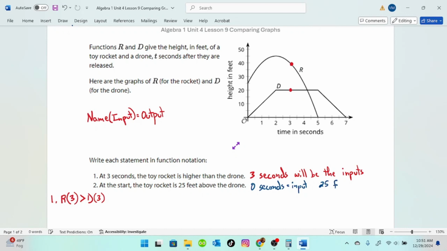So 25 feet equals my output. So when I write this, that means R for the rocket at 0 seconds equals 25 feet. And we can see that at the vertical intercept right here where I put the blue point.